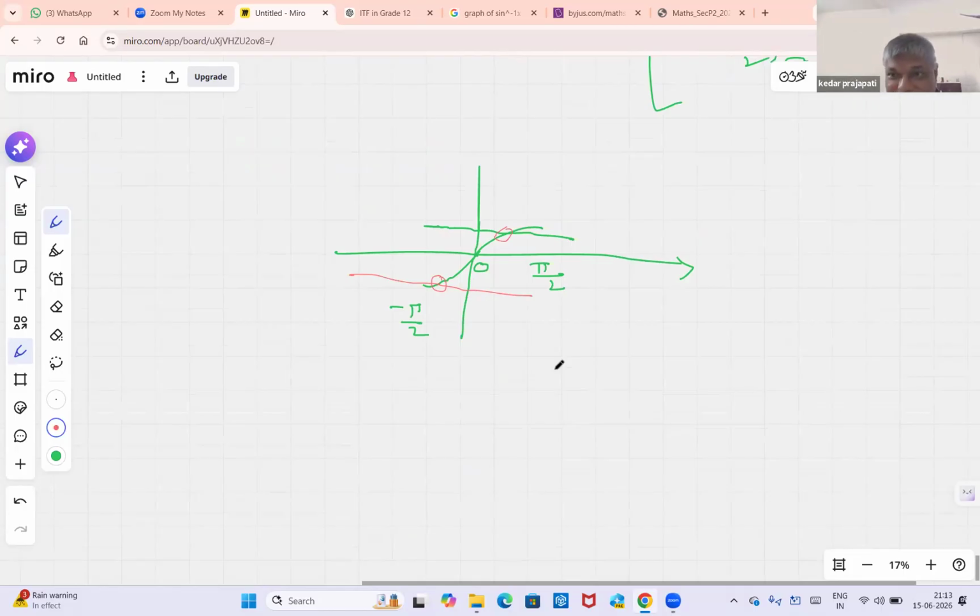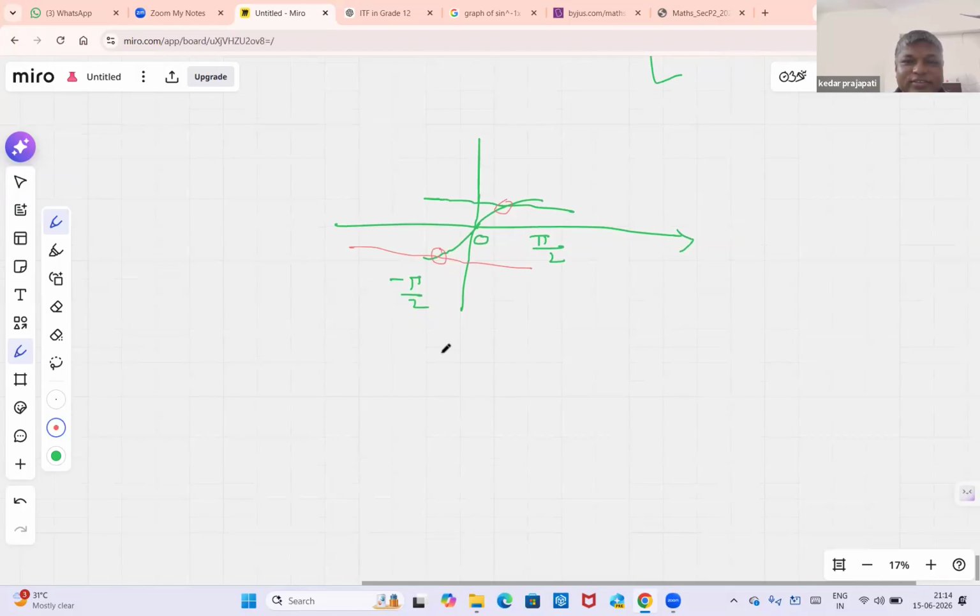You must have heard what a domain is and what a range is. So when you restrict the x-axis and y-axis of any function, you get the principal domain and range. Got it now?